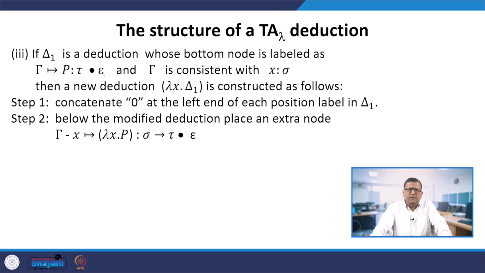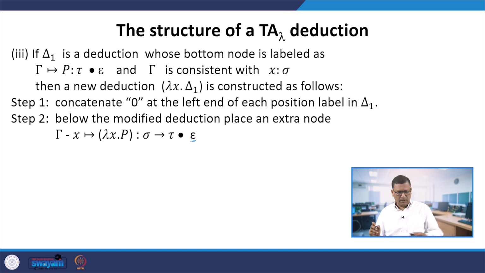So, we concatenate 0 at the left end of each position level in delta 1 and below the modified deduction place an extra node that is gamma minus x, that means from gamma we are excluding x, and then lambda x dot p, that has type sigma to tau, and the position is empty.